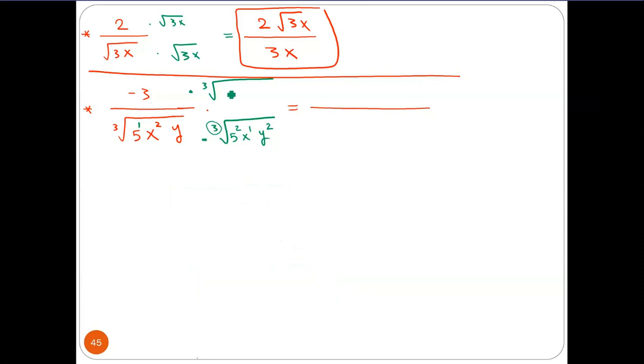إذا multiply denominator and numerators with this coefficient. لما نيجي نضربهم شو بصير عندي؟ بصير عندي to the power 3، ضربنا ال 5 مع ال 5 أصبحت 5 to the power 3، وال x مع ال x، x to the power 3، وال y مع ال y، y to the power 3، كله to the power 3 بروح مع ال 3 هذا. إذا شو بيطلع النتيجة 5xy.